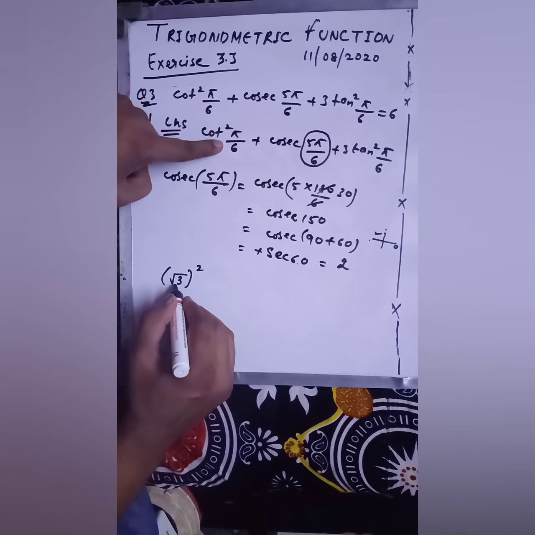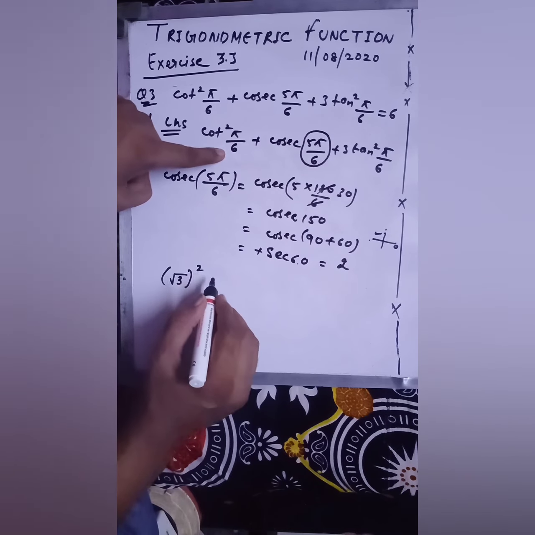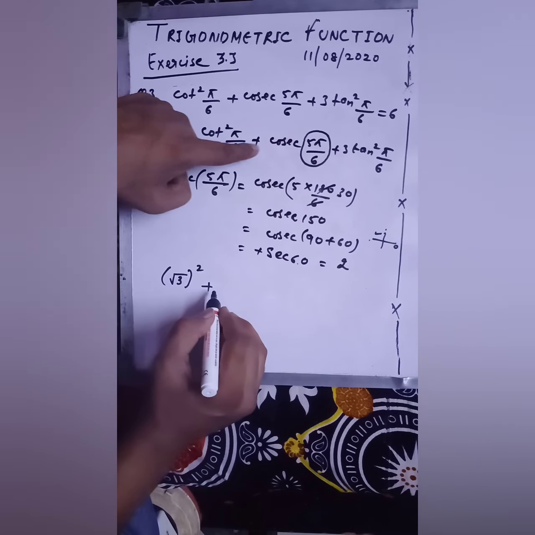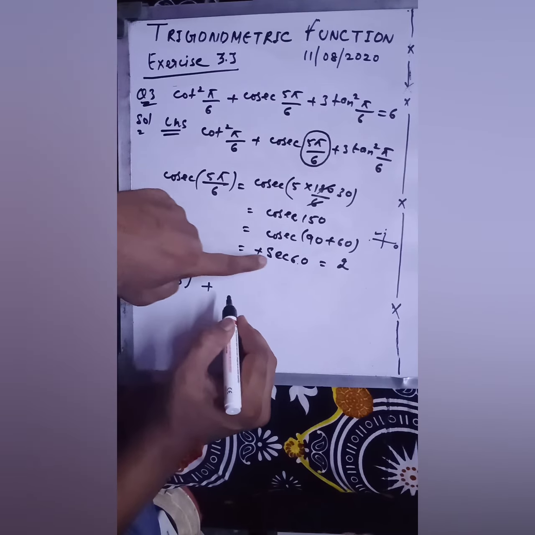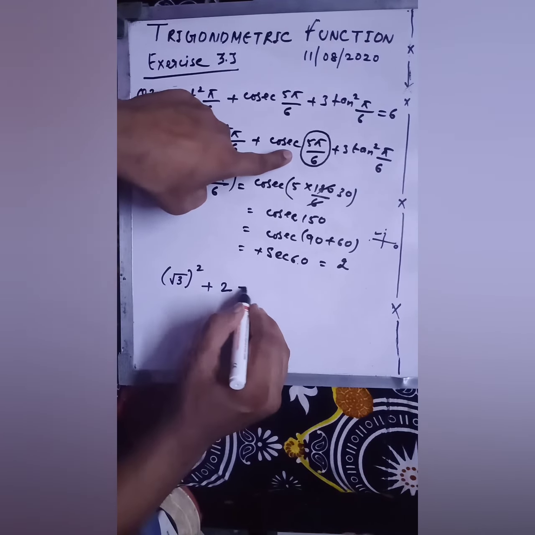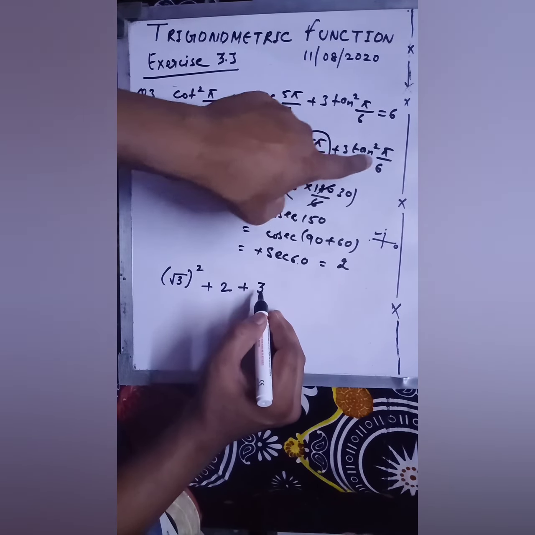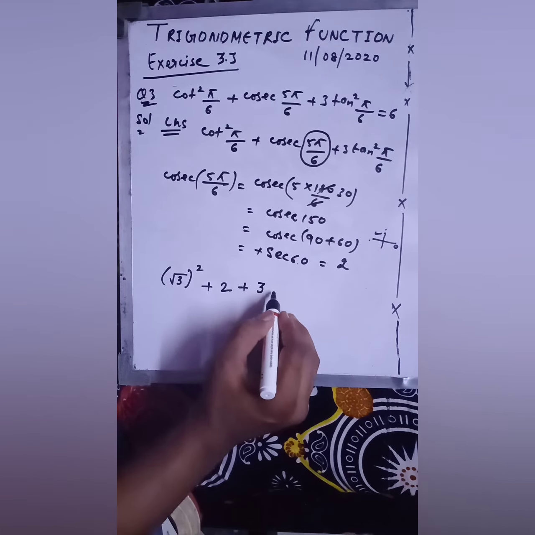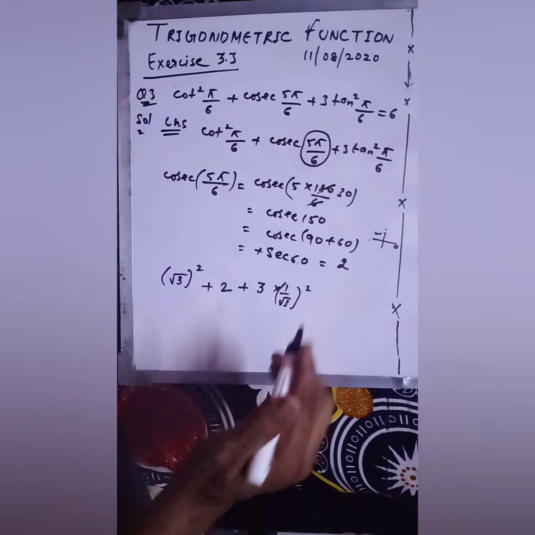So root 3 is the value of cot pi by 6 and you have to write the square of this, plus the value of this is 2, which you have calculated here. So in place of this I am writing 2 here, plus 3, it is tan pi by 6. Tan pi by 6 is 1 by root 3 and you have to do the square of this because it is tan square.